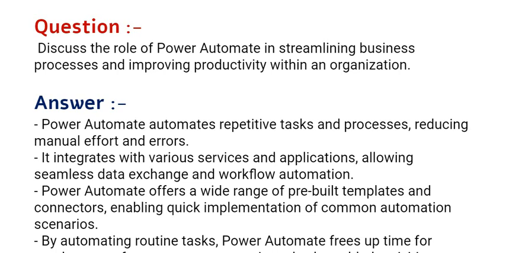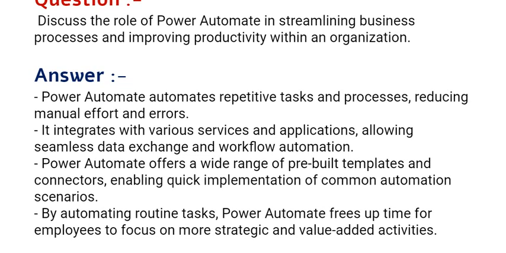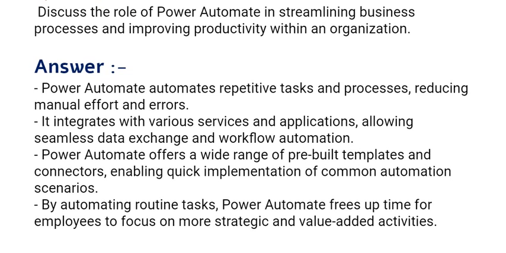It integrates with various services and applications, allowing seamless data exchange and workflow automation. Power Automate offers a wide range of pre-built templates and connectors, enabling quick implementation of common automation scenarios. By automating routine tasks, Power Automate frees up time for employees to focus on more strategic and value-added activities.